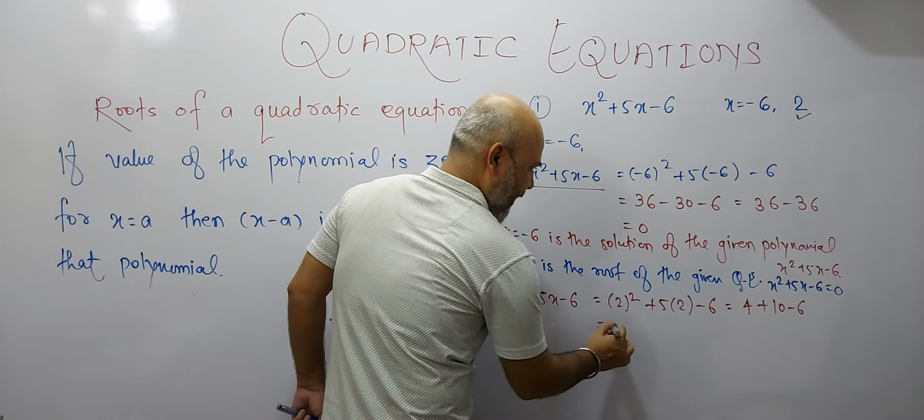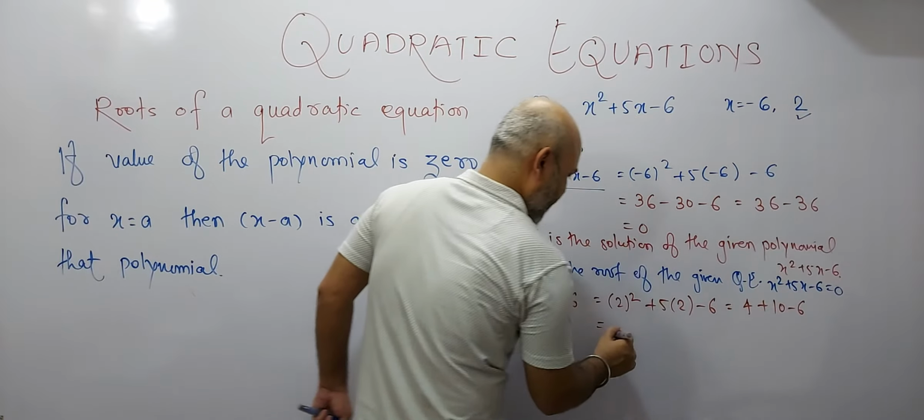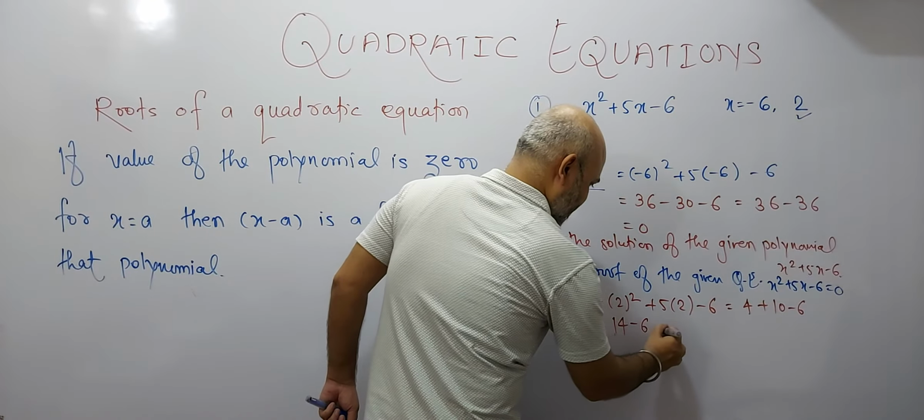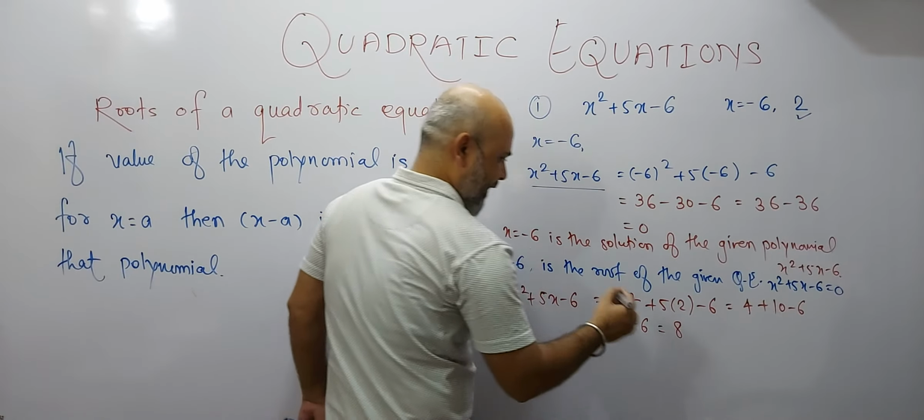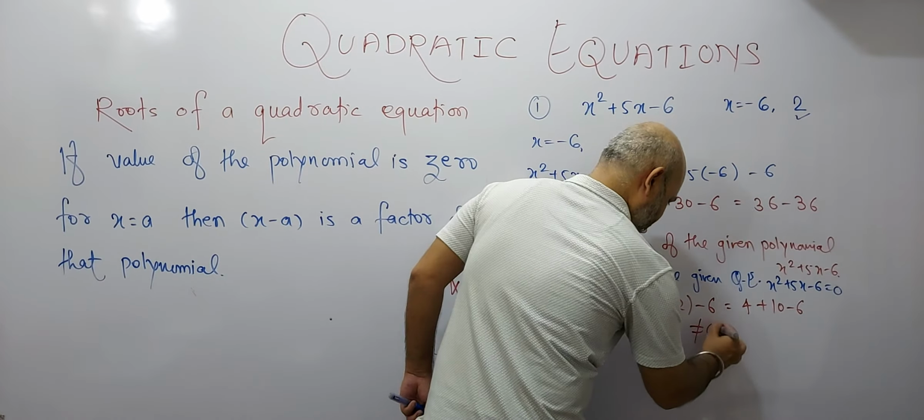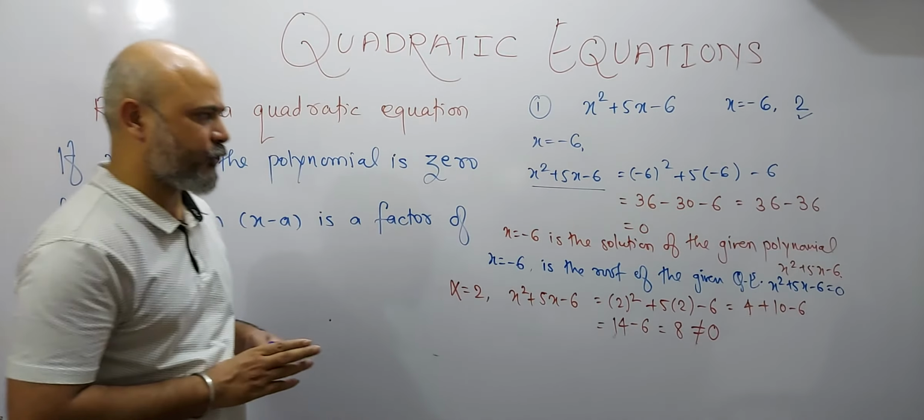So 10 plus 4 is 14, minus 6, and you will get 8, and this 8 is not equal to 0.